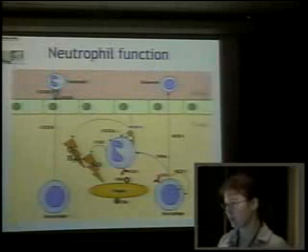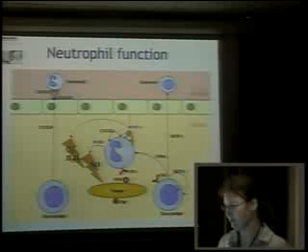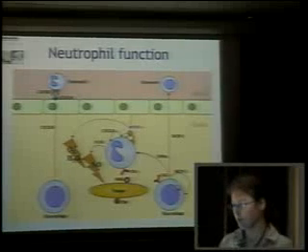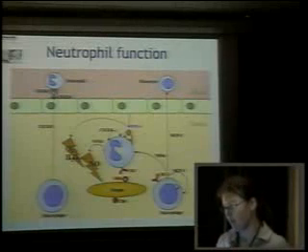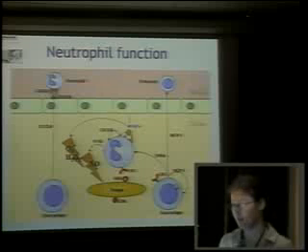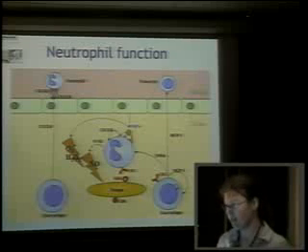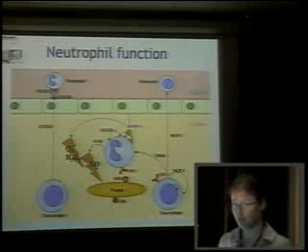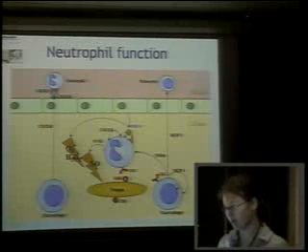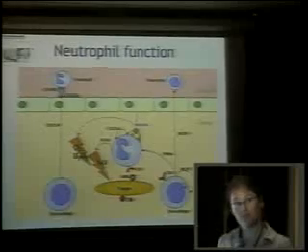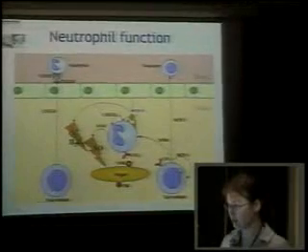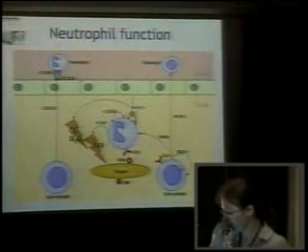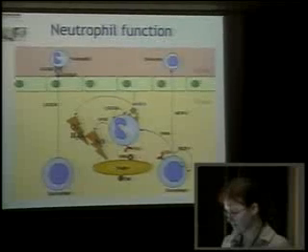In order to attract monocytes, MCP is secreted, and these monocytes then come from the bloodstream into the tissue and develop into macrophages. In order to attract neutrophils to the site of infection, interleukin 8 is secreted, and interleukin 8 is recognized by the receptor CXCR2 on neutrophils. When the neutrophils are present, they will try to destroy the fungus by the secretion of oxygen and nitrogen radicals by the gene nitric oxide synthase 2.